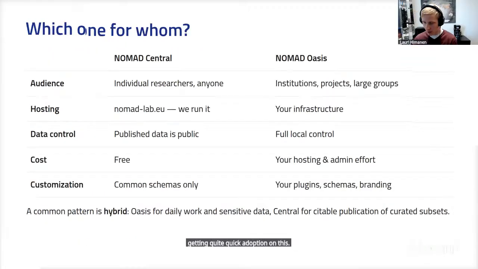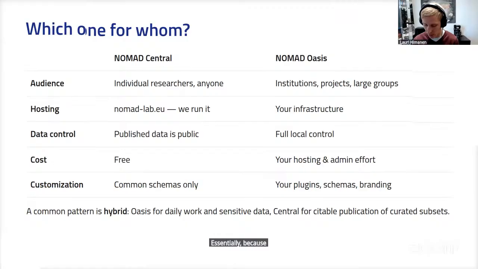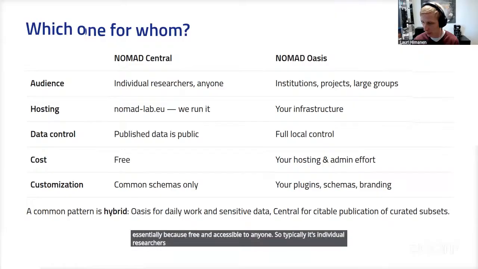And just to summarize the differences between our centrally hosted service versus an Oasis. Essentially, the target audience for central NOMAD is individual researchers, essentially because it's free and accessible to anyone. So typically, it's individual researchers who submit data there.